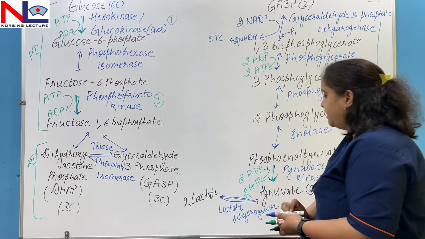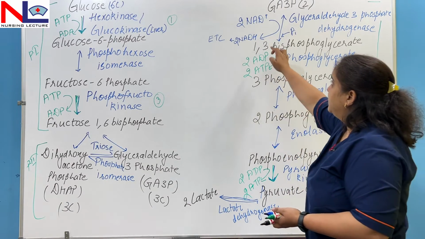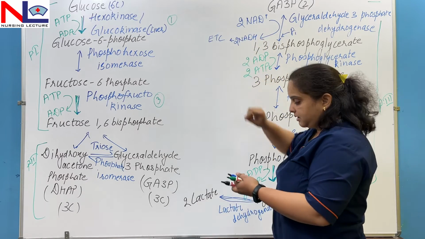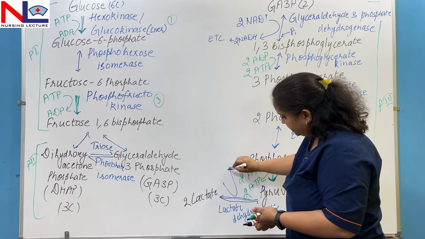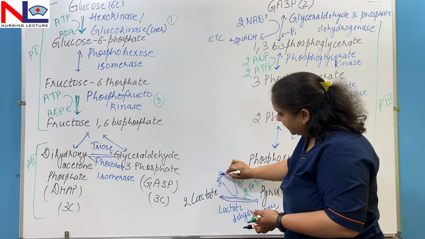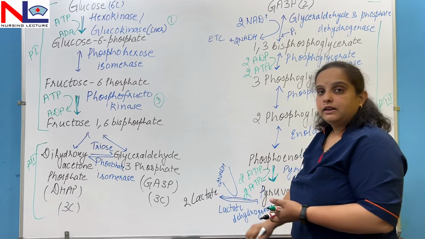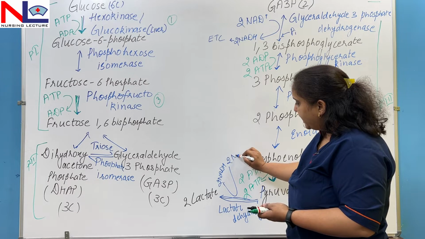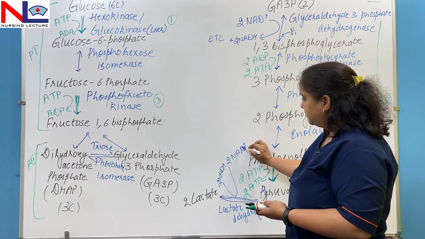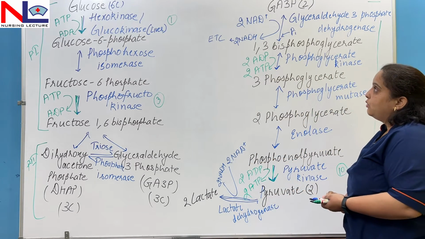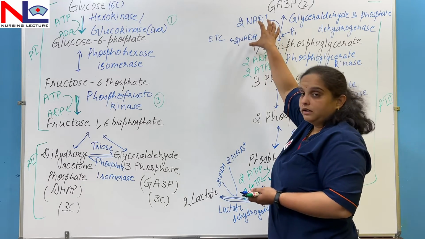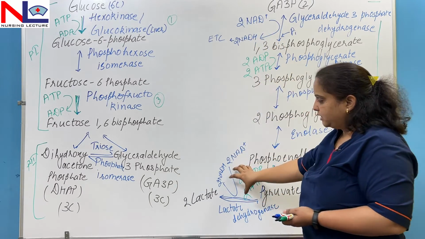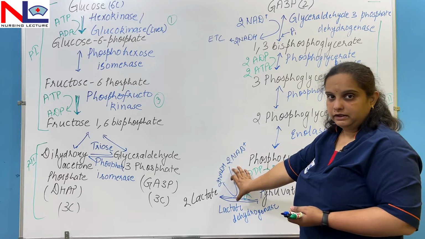So again, with the help of this enzyme, the coenzyme 2 NADH is converted or regenerated into 2 NAD plus. So the energy which is being produced in this step is again utilized here in this step.